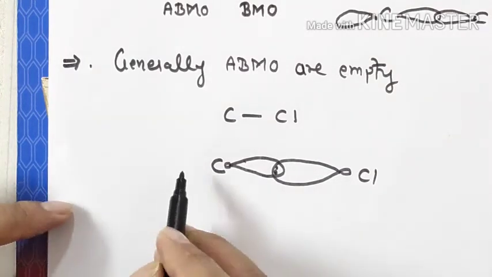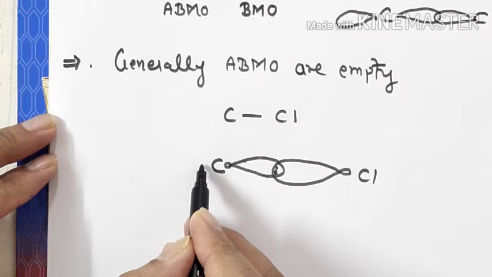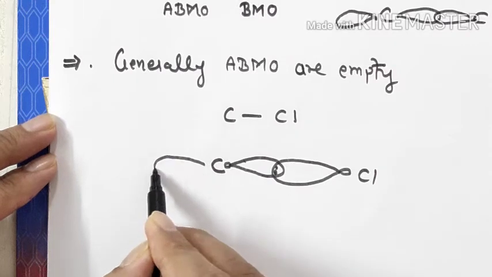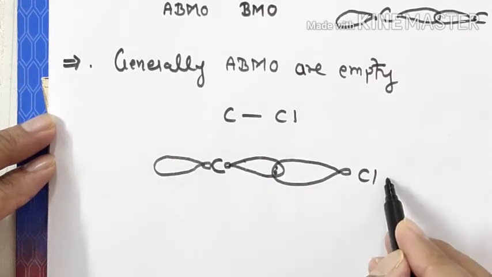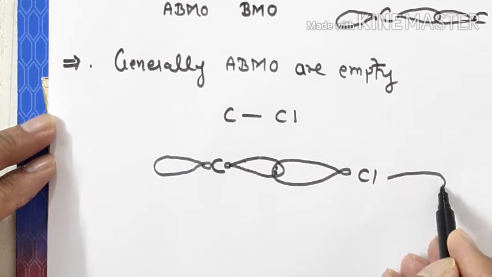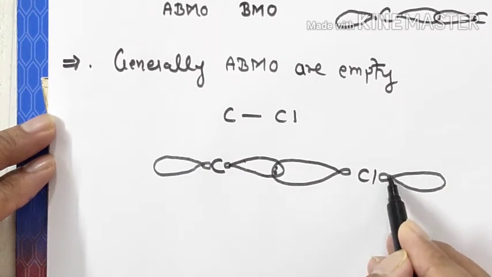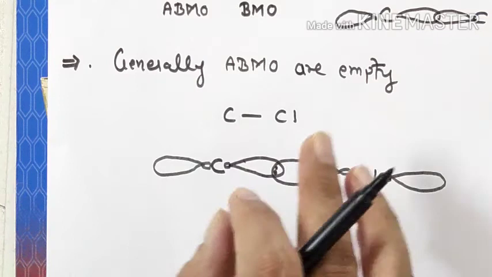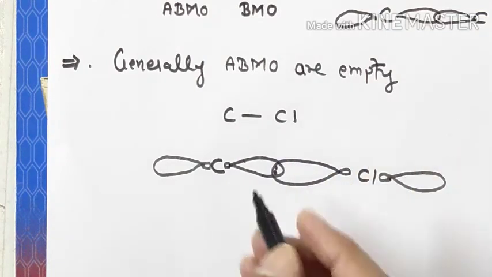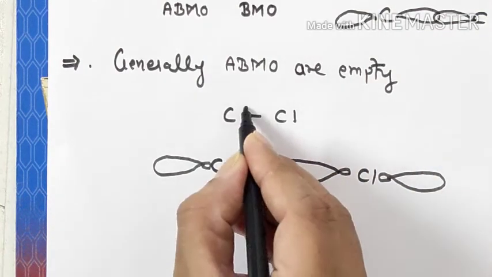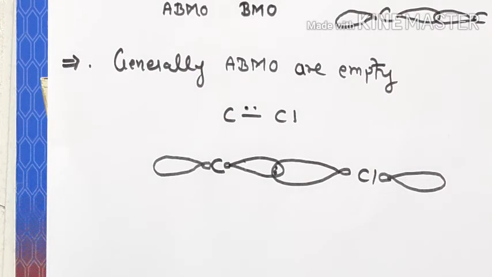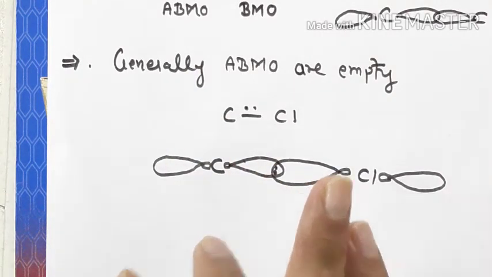Now here there will be an anti-bonding molecular orbital for carbon, and here also we have an anti-bonding orbital of chlorine. But what we know is that when a bond is formed, two electrons are present.